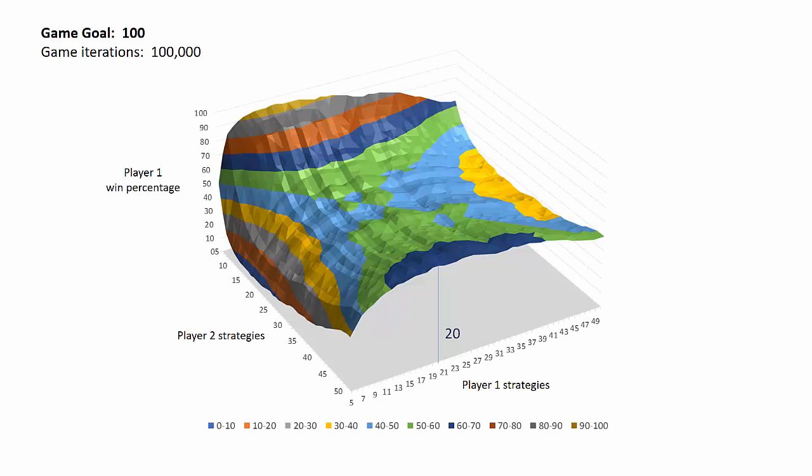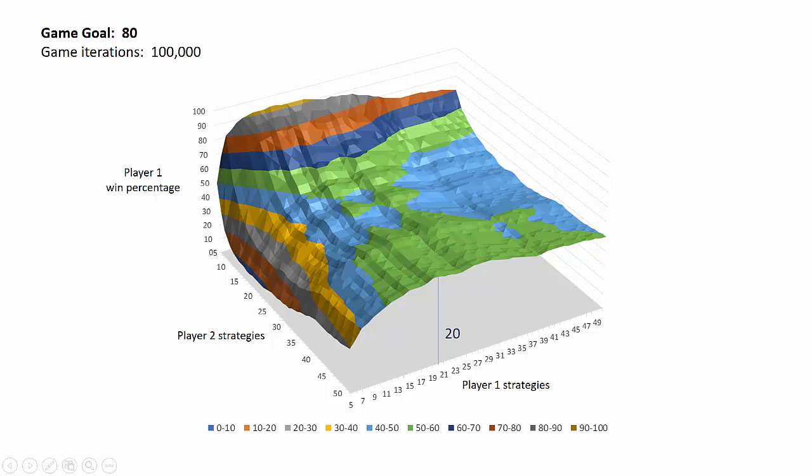This graph shows the percentage of times player 1 won while using a constant strategy from 5 to 50 against another constant strategy. The game goal is 100. A constant strategy of 20 wins the most games against varying opponent strategies. However, a constant strategy of 25 wins against a constant strategy of 20.